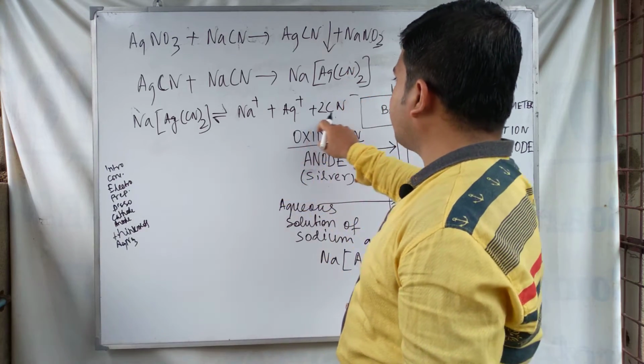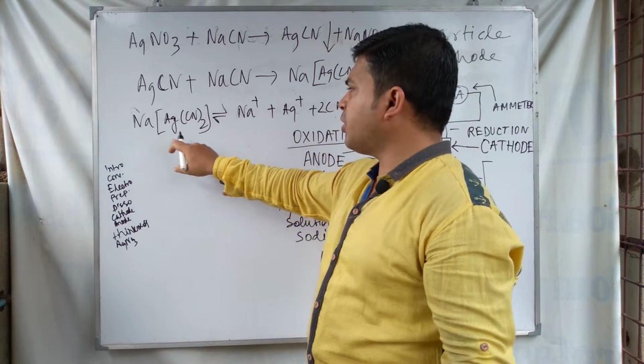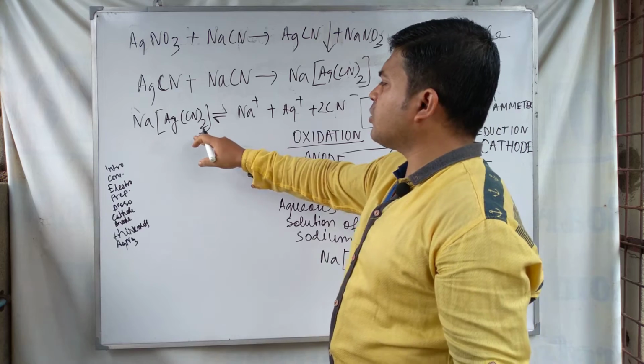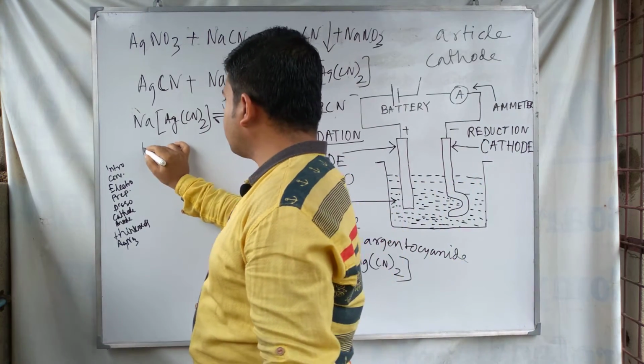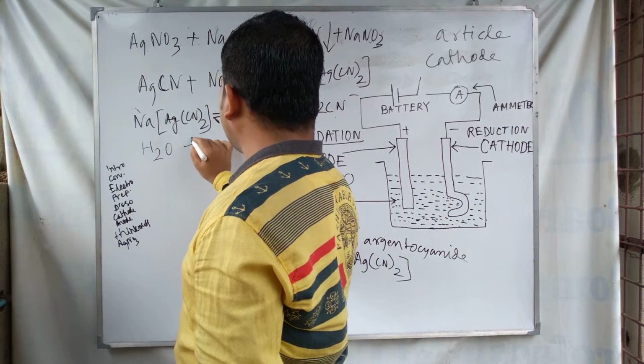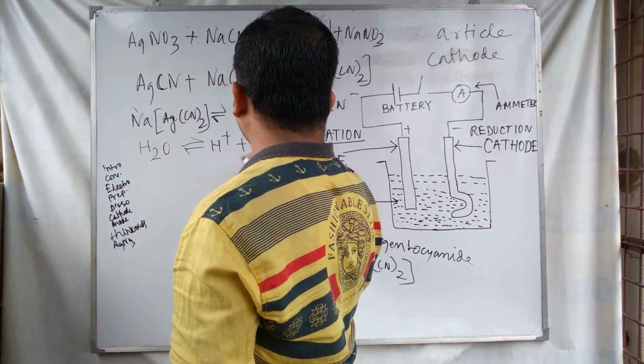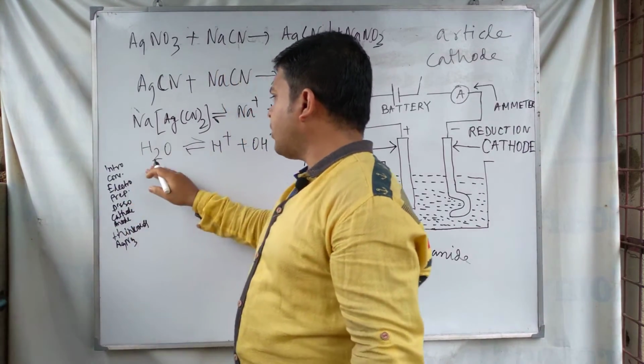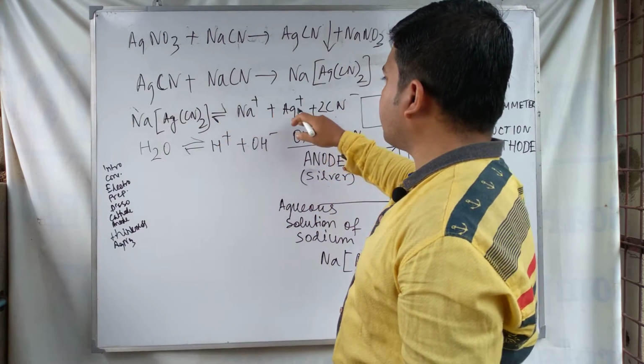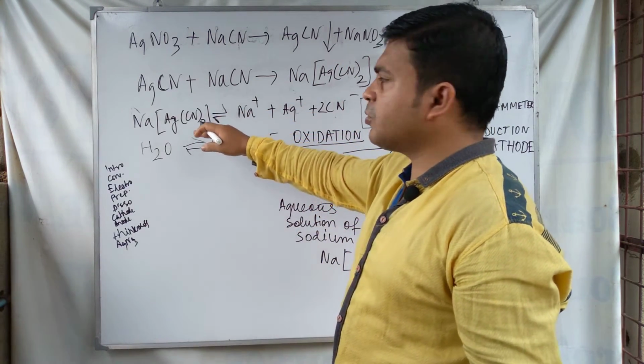This is the dissociation of sodium argentocyanide in aqueous solution, and in aqueous solution water is dissociated as H+ and OH-. So this is the dissociation of water, and this is the dissociation of sodium argentocyanide.